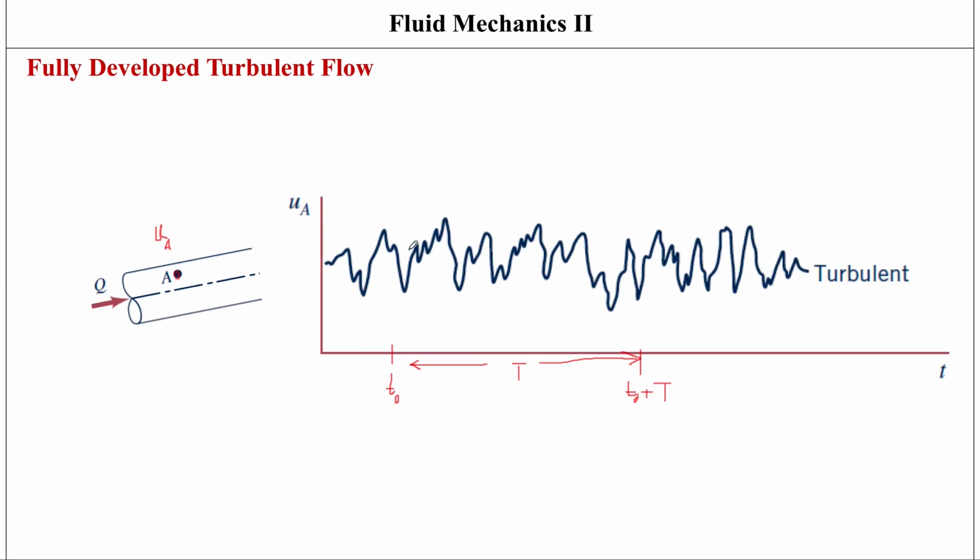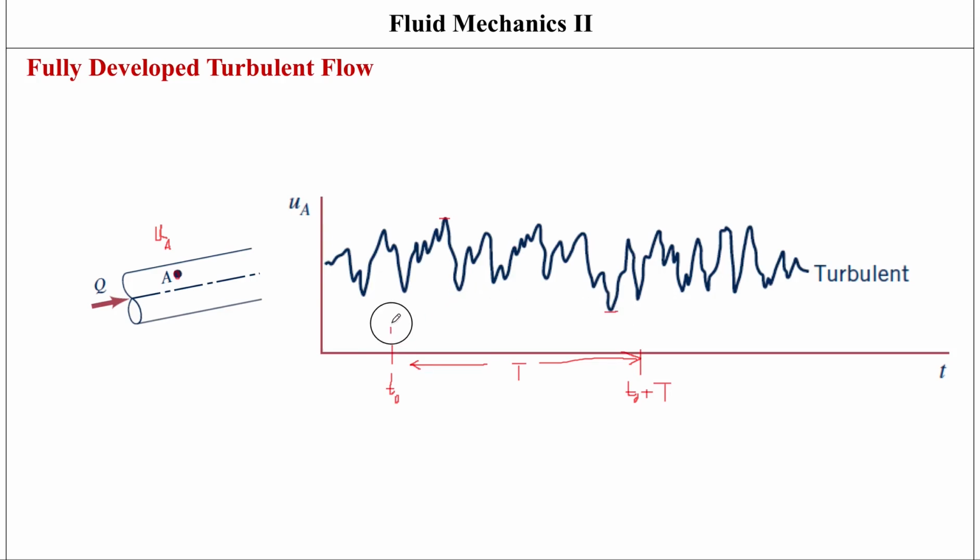But another thing I can identify is that there are so many points within this, and if I was to take an average of all of these points, it would have to lie somewhere between the highest velocity experienced at this point and the lowest velocity, right?